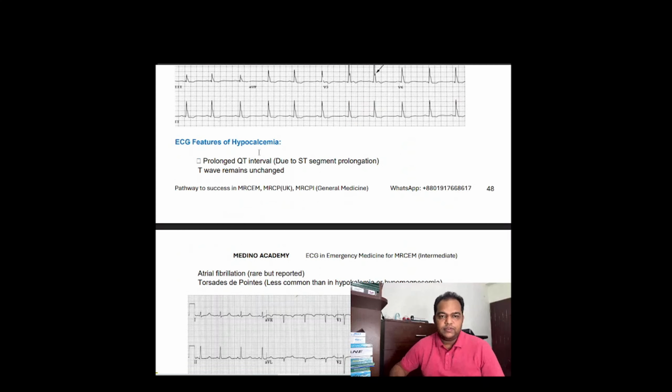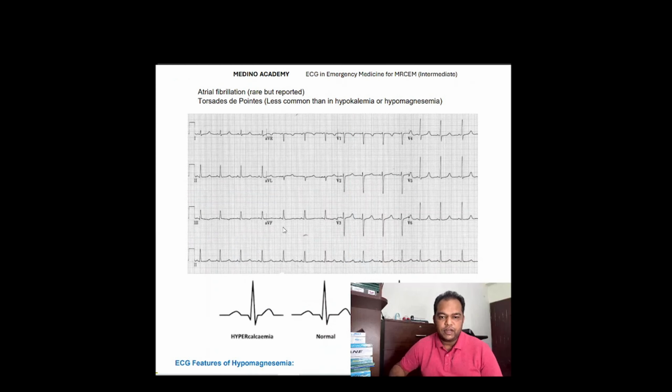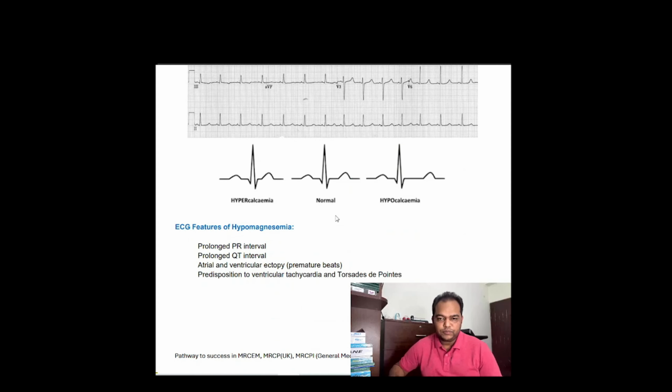Now, the ECG features of hypocalcemia. The most important feature of hypocalcemia is prolonged QT interval. You can appreciate prolonged QT interval here. So, this is the normal ECG, this is the ECG of hypercalcemia, and this is the ECG of hypocalcemia.